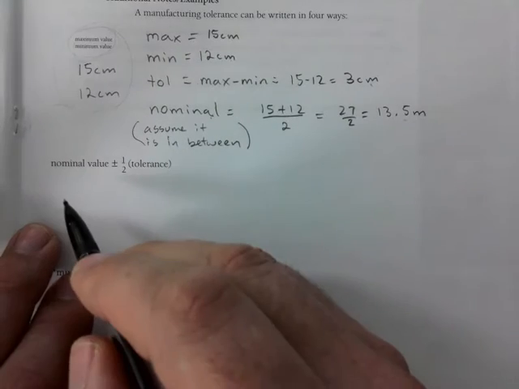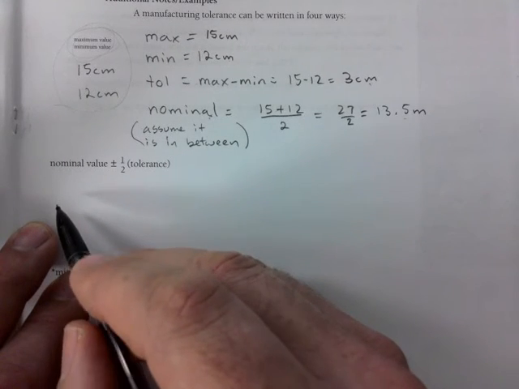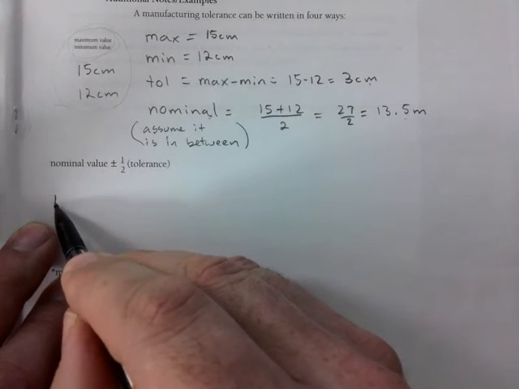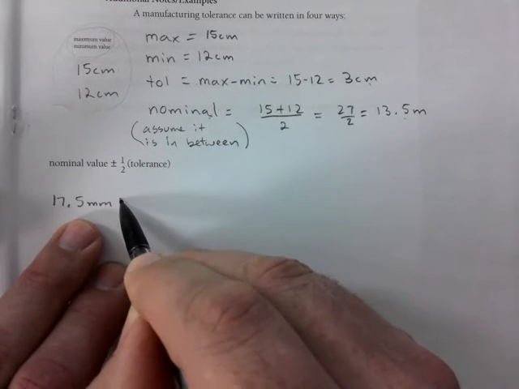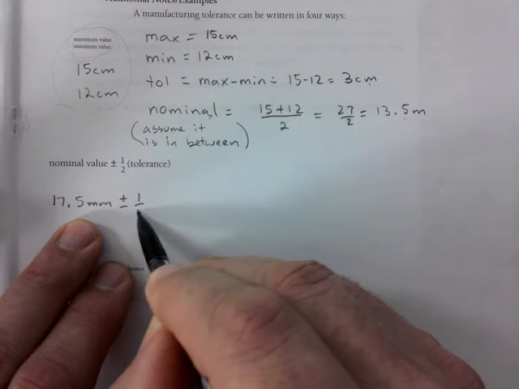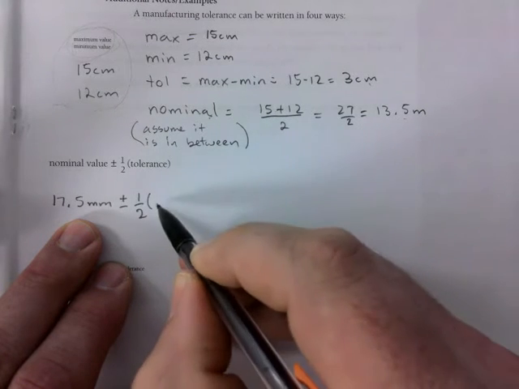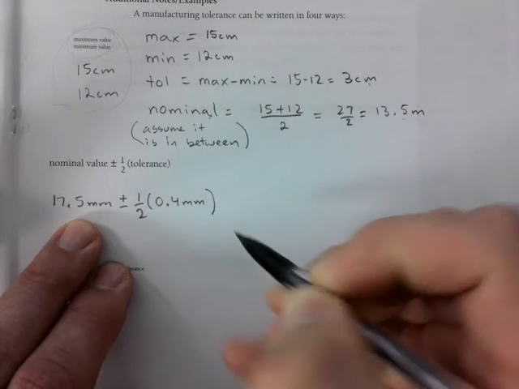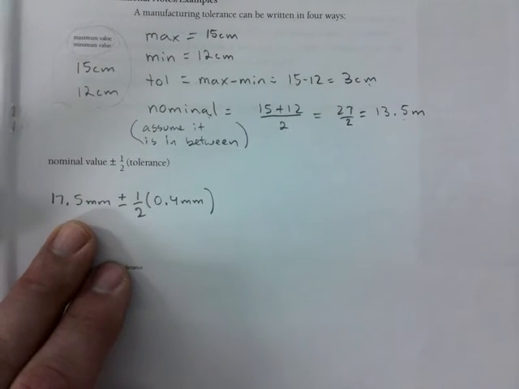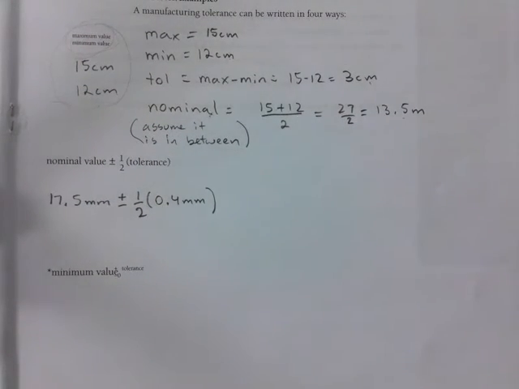Okay, next here. Let's say we have 17.5 millimeters plus or minus 1/2 of 0.4 millimeters. You should immediately recognize, aha, we're in tolerance territory.